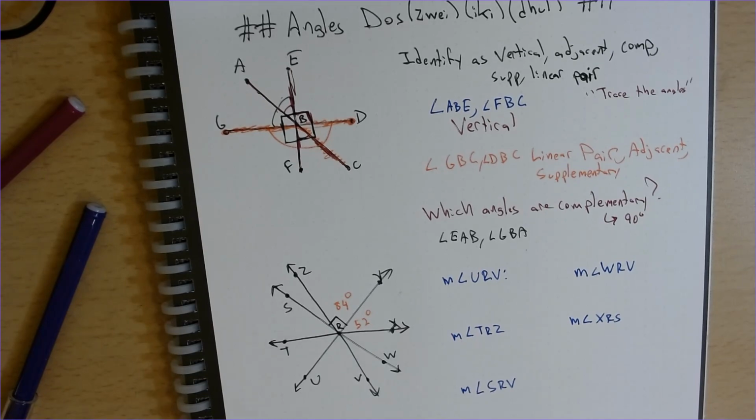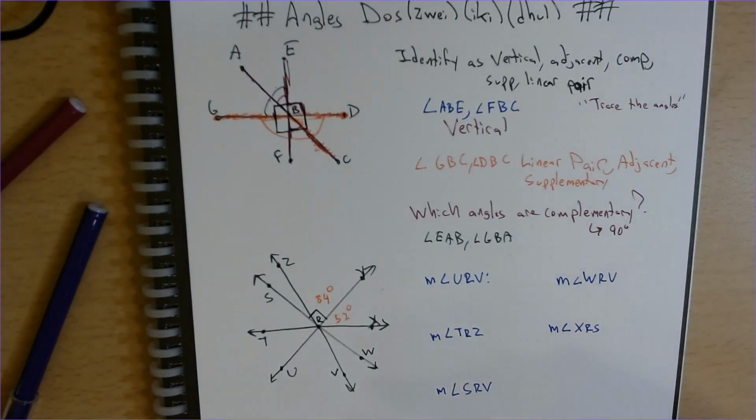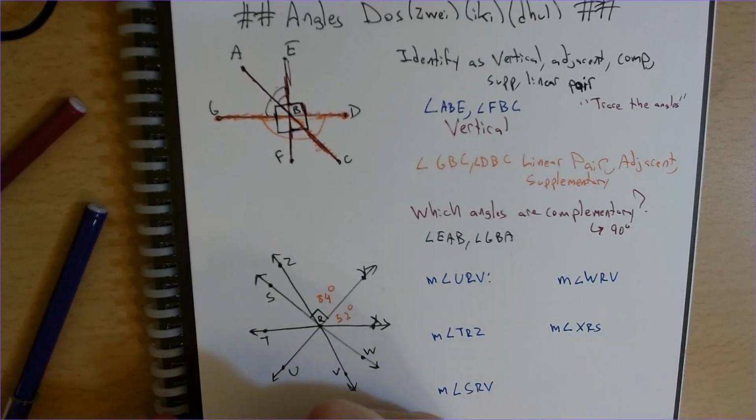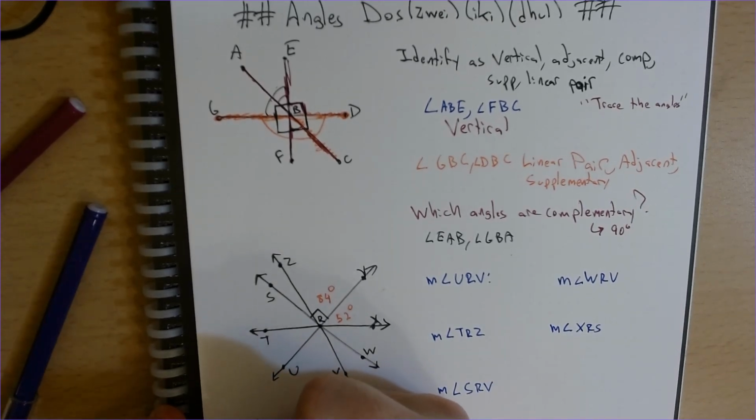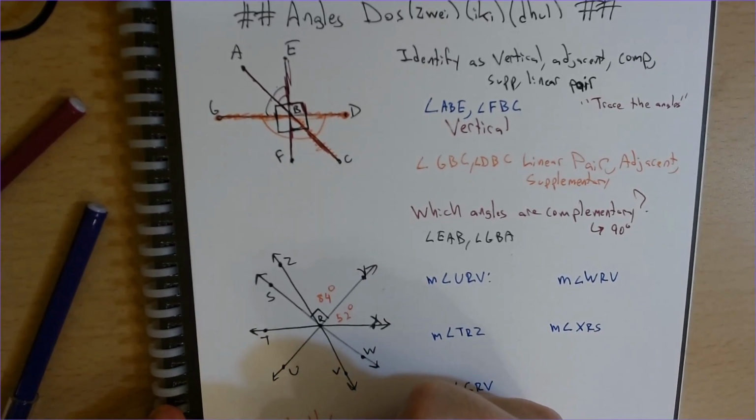So now I'm just going to give you a couple things, and you've got to figure out how many degrees each of these angles is by itself. So, some notes. Look for vertical angles because they're congruent. So that gives you the easiest thing.